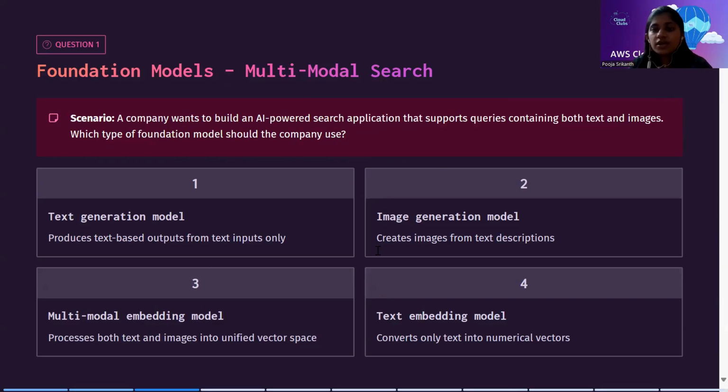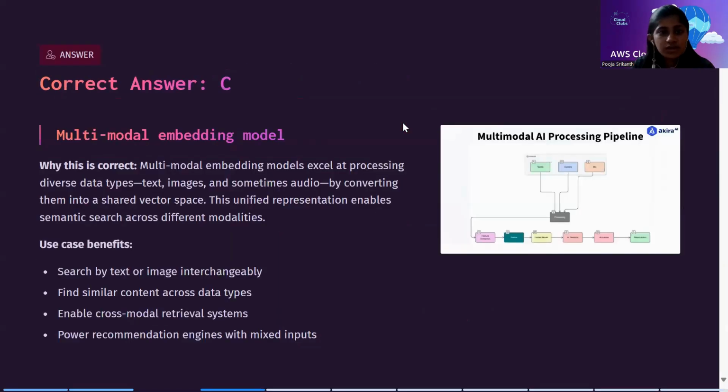So multi-modal embedding models are ideal for search applications because they do not generate any content. They represent data in a numerical manner. Along with that, they're also used for comparison between text and images. This is heavily focused on Amazon Bedrock related use cases, so do be aware when working or studying about Amazon Bedrock. Moving forward to the next question.